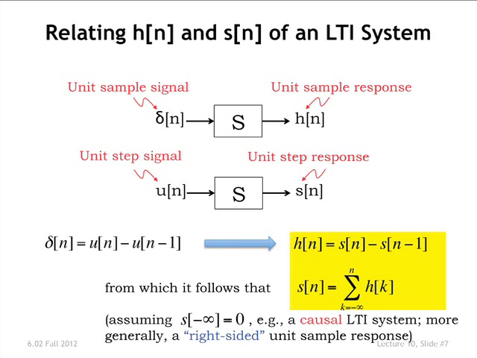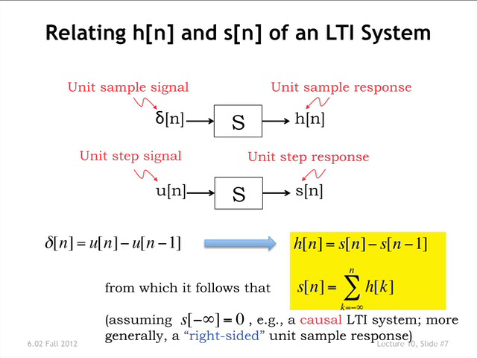So this is what I have on this slide, and you've figured it all out already. We've arrived at this equation. Now, if I want to turn it around and write Sn in terms of the unit sample response, I can do that as well, except this is analogous to integrating a differential equation. What we have is a difference equation here.